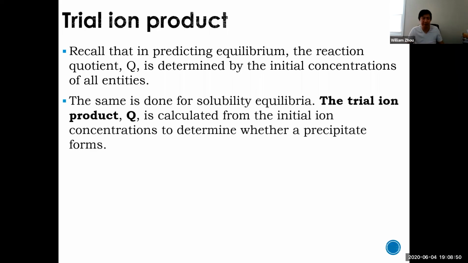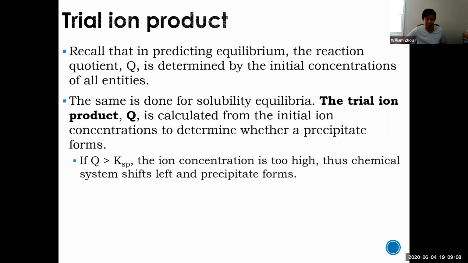So you can have the trial ion product calculated from the initial concentrations without them being in equilibrium, and then you can compare this Q to the K value of the KSP, and then you can figure out, will this form a precipitate? How would that work?